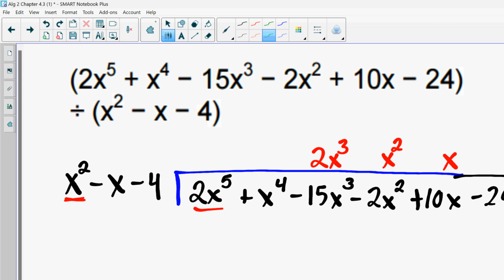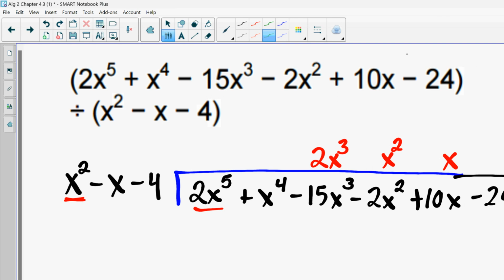So for our first one, we're doing 2x cubed. Off to the side of scratch work, we can do 2x cubed times our x squared minus x minus 4. 2x cubed times x squared is 2x to the 5th. 2x cubed times negative x is negative 2x to the 4th.